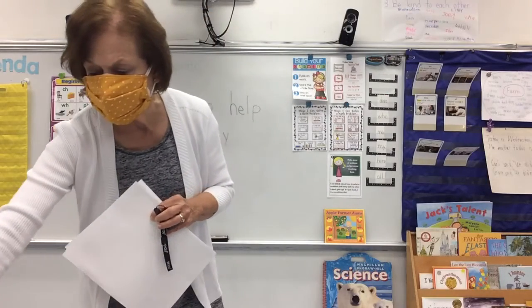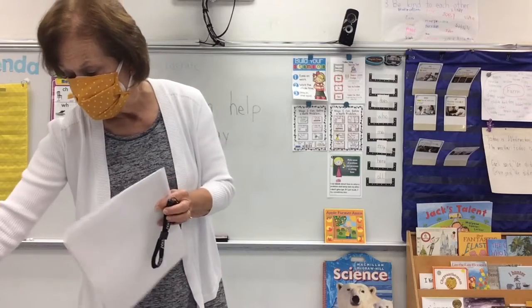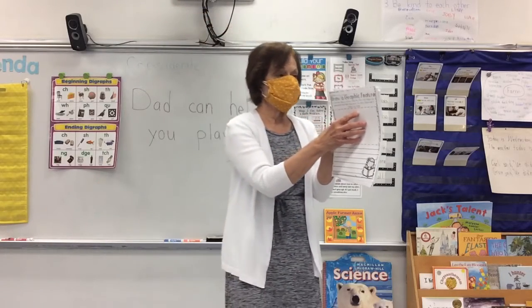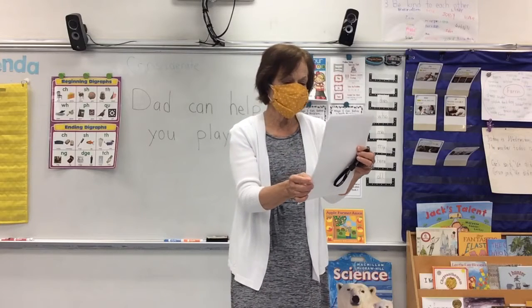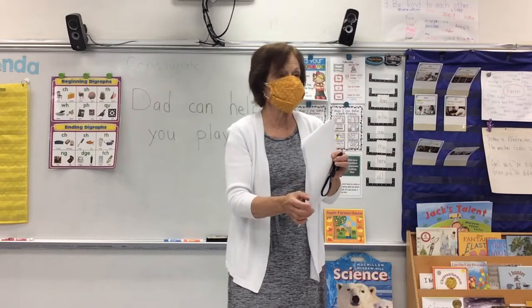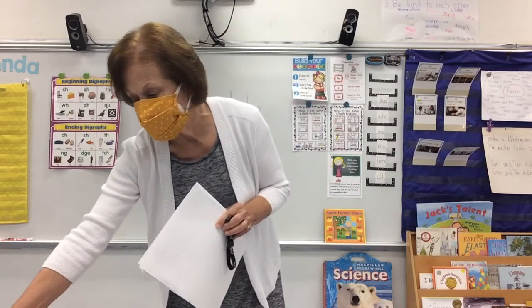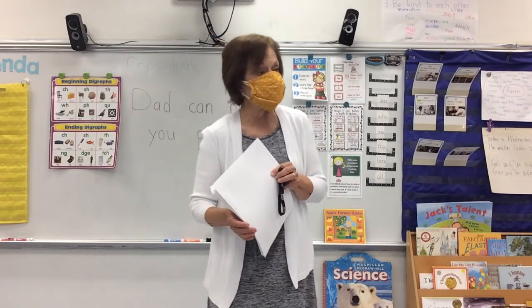If I was going to do my home, and I used this one a little bit yesterday, I would draw a picture of what I see in the book, of the home. Then I would write, how does this help me understand what's going on in the story? It helps me understand because the author says it is fun. Is it fun to be home?